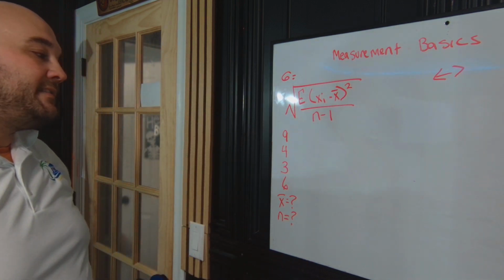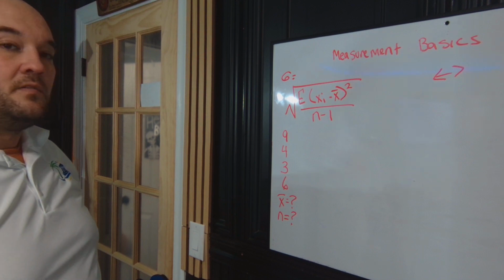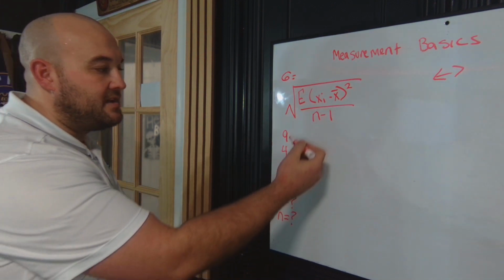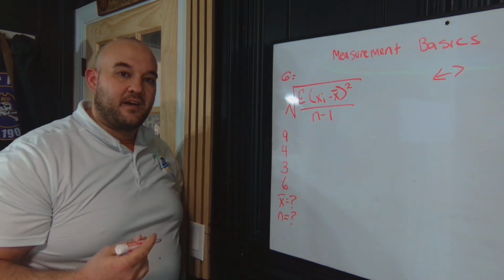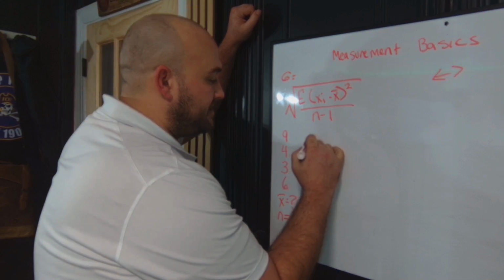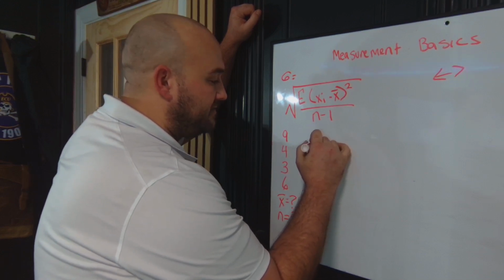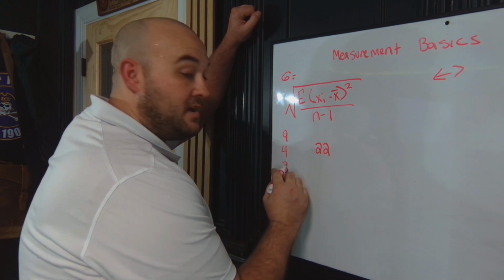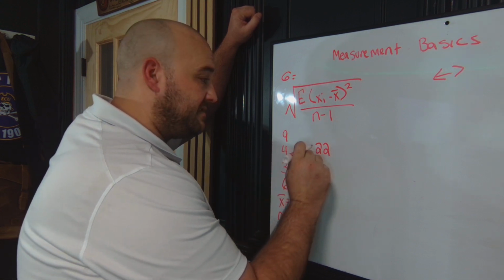To get your x bar, that's your average. Remember we said the average was adding all your values up and dividing by that lowercase n. So 9 plus 4 is 13, plus 3 is 16, plus 6 is 22.